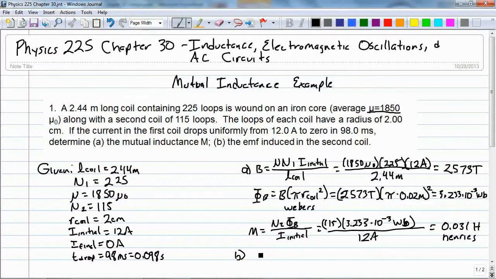For B, our electric induced potential in coil 2 is going to be minus M times the current, and this is the slope, so it's going to be I final minus I initial over T drop.